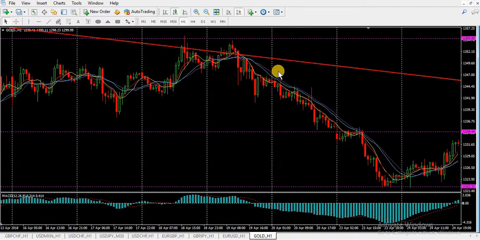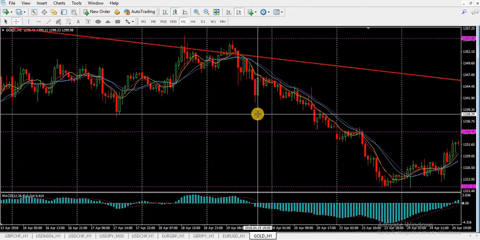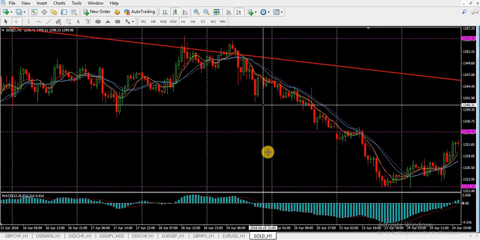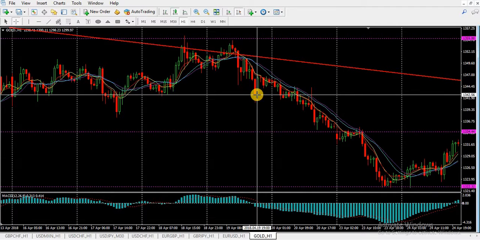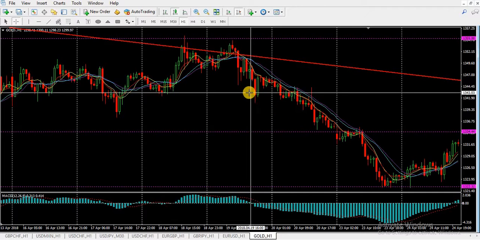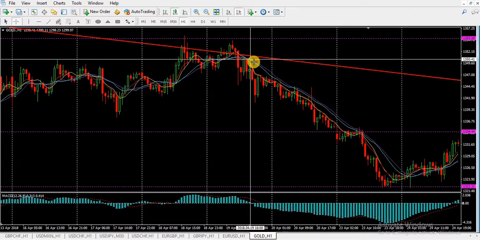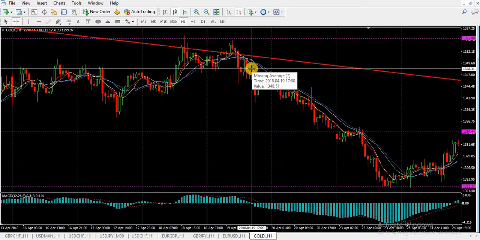Imagine everything on the right side of this cross, this zone here. Say this part hasn't happened yet, and you got your cross here of the moving averages. I already explained how the cross works.